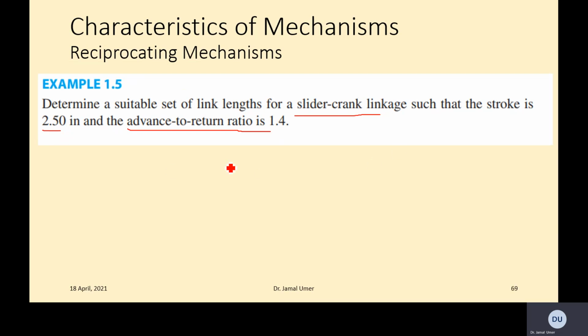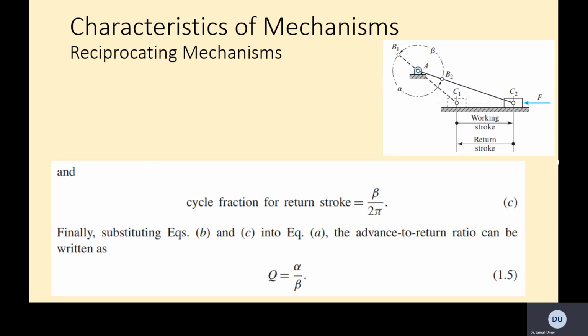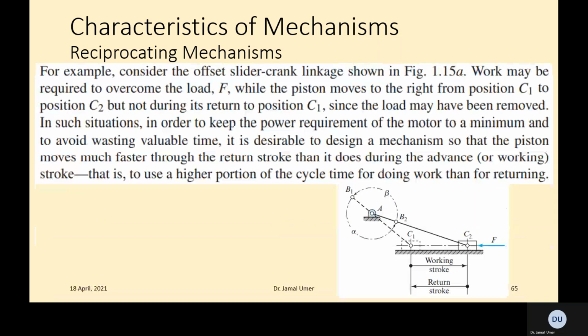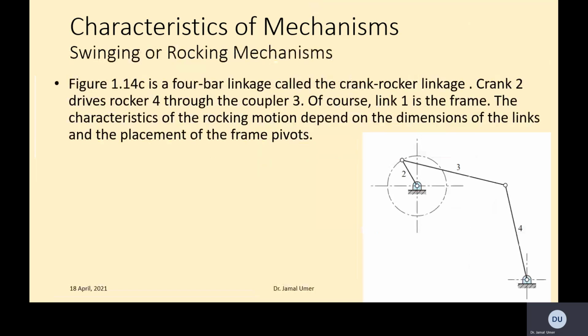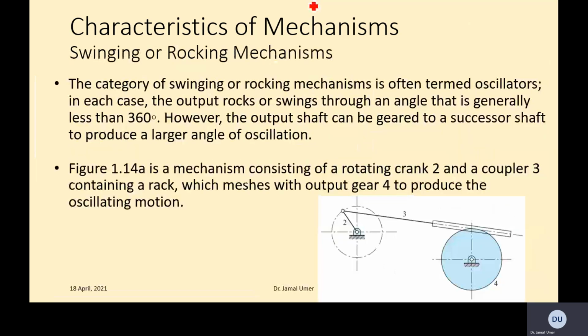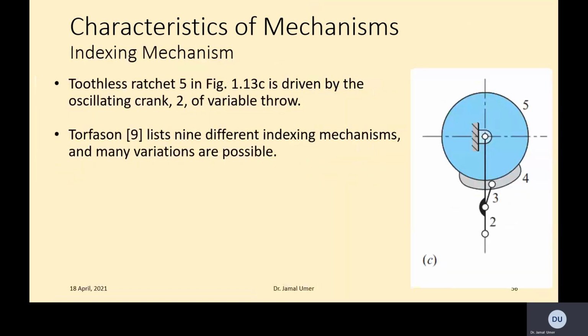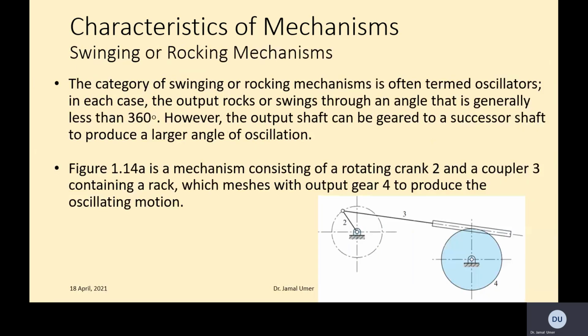So you have to work out the lengths of the other linkages. So this was one of the examples for reciprocating mechanism, and before that we have done some other mechanisms like swinging or rocking, indexing mechanism, and so on. So there are many different characteristics of mechanism which have been in discussion until now.